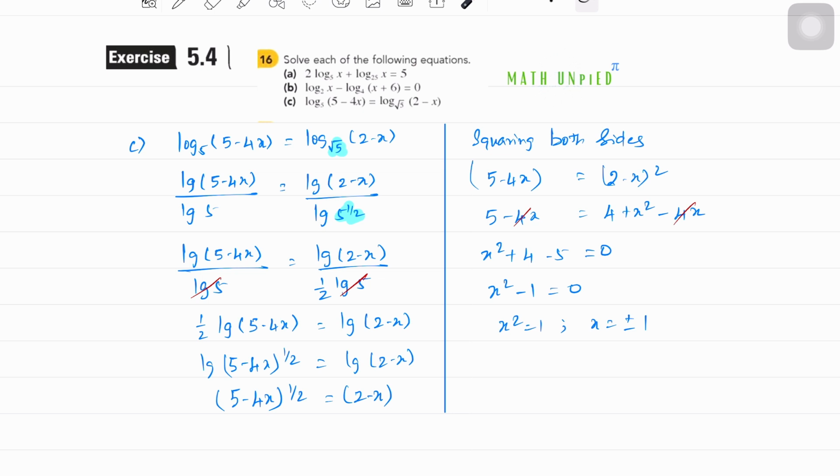But in this case if you put negative 1 in both these expressions, for instance this is 5 minus of 4 times minus 1 will make it 5 plus 4 which is 9, and here 2 minus of minus 1 will make it 2 plus 1 which is 3. So here specifically negative 1 is not making the log undefined, therefore x has got both the values as appropriate solutions. So x equals plus 1 and x equals minus 1 are the solutions.